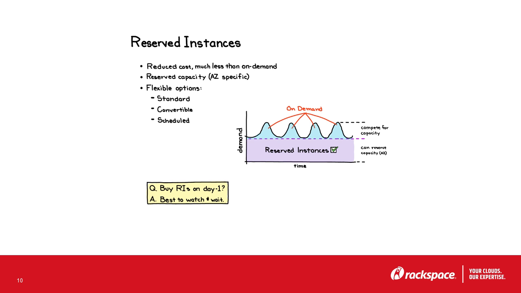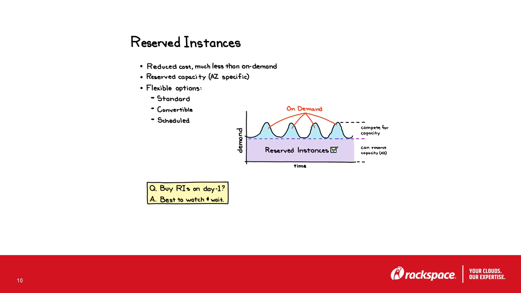Now, a typical use of reserved instances, and I'll talk about what's in the graph here, is you have a particular workload, and you see your demand over time has established a baseline, seen here below the dotted line in this graph. You see a baseline of demand that you want to reserve capacity for. You know that you're not going to go below that, and that's a good case for reserved instances.